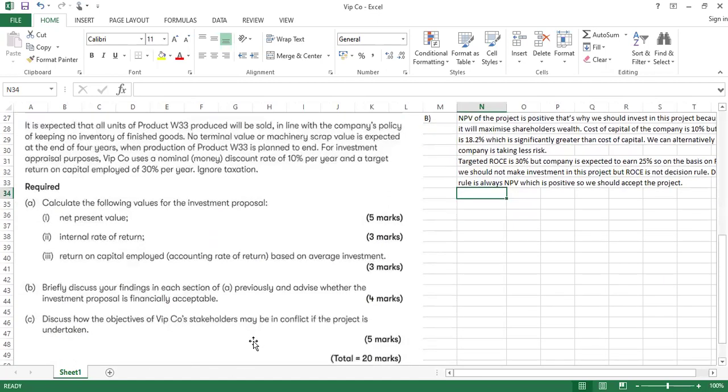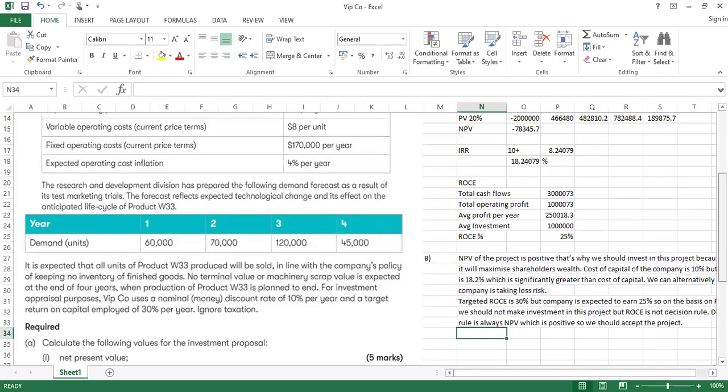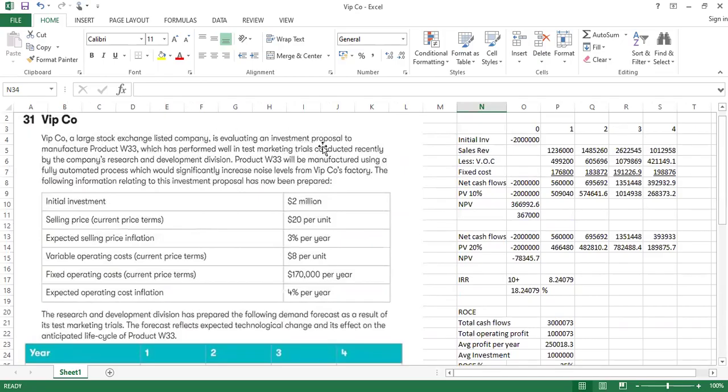Next one is discuss how the objectives of VIP company stakeholders may be in conflict if project is undertaken. Okay, so what is the information provided? He is saying that the product has performed well in trials conducted recently, and will be manufactured using a fully automated process that will significantly increase noise level of VIP company's factory.